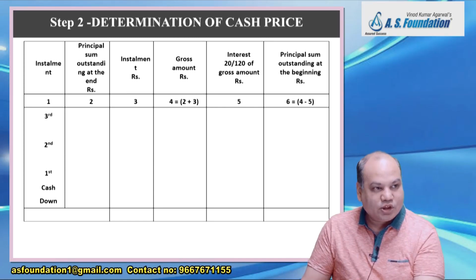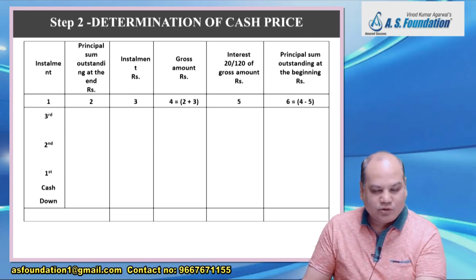Why? HP price is given and we have to find the cash price. So first write installment number. Second column, write principal sum outstanding at the end.